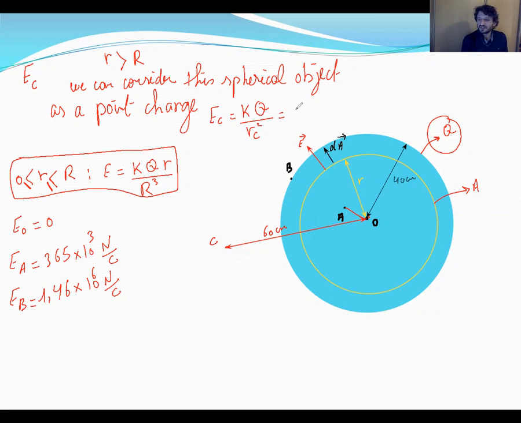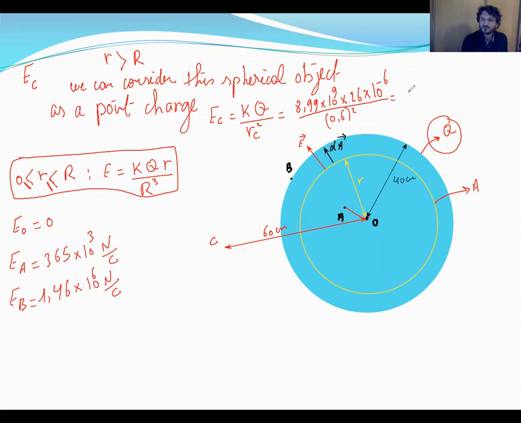So here we can say equal 8.99 times 10 power 9 times total q, equals 26 times 10 power minus 6, divided by rc equal 0.6 meter squared.